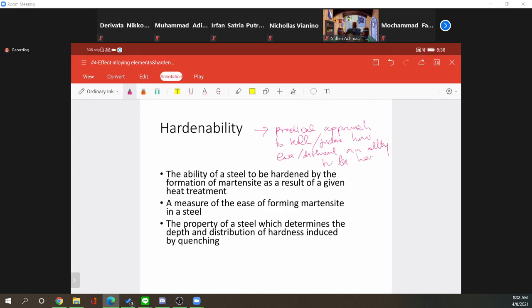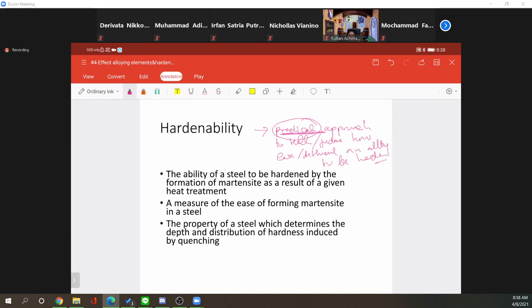You need a practical approach. This is the keyword. So we should develop some kind of method to quantify or to compare one alloy to the other in terms of how easily they will be hardened. Therefore there's a new term. We call it hardenability.